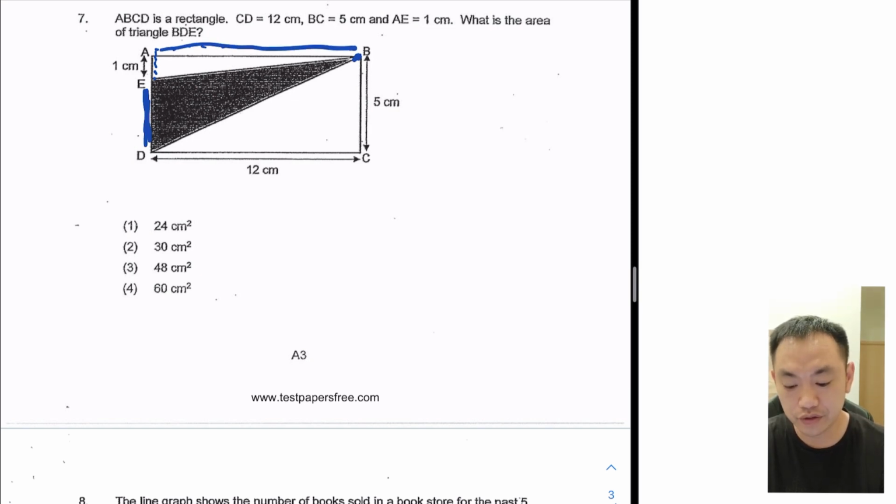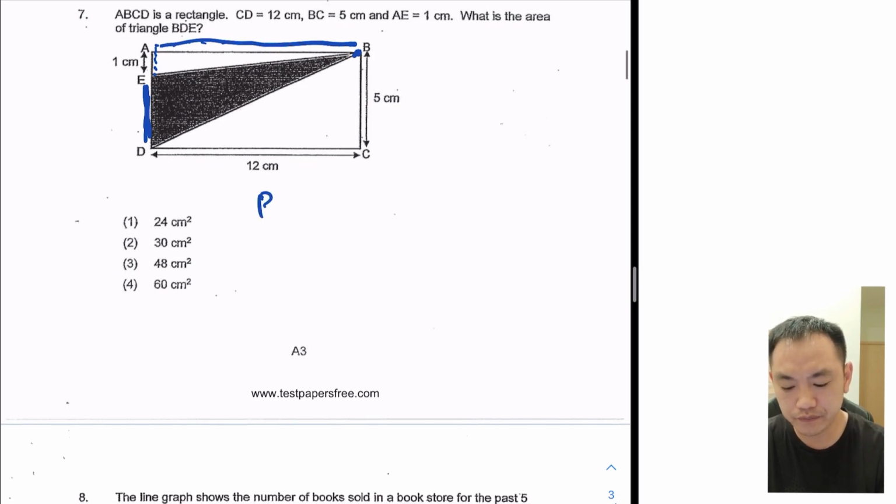So to calculate the area, you take the base, which is DE. So what's the length of DE? If BC is 5, AE is 1, then DE equals, I think it's quite straightforward, it's 4. And then AB is the height.